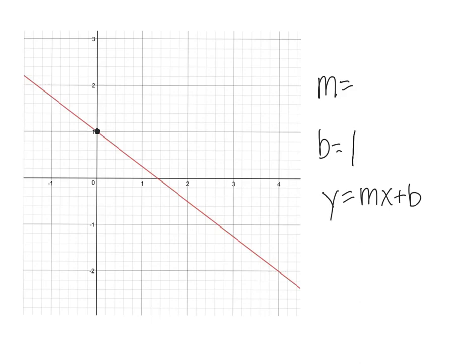Now our m, or our slope, we're going to do rise over run. And in order to find the slope, I need 2 points on the line. So remember, we look for when this line crosses exactly at the corner of 2 of these dark grid lines. So when it's exactly on a number. Like here, for example, at this point on the line, it's exactly at 2, but it's not exactly at a number on the y-axis.